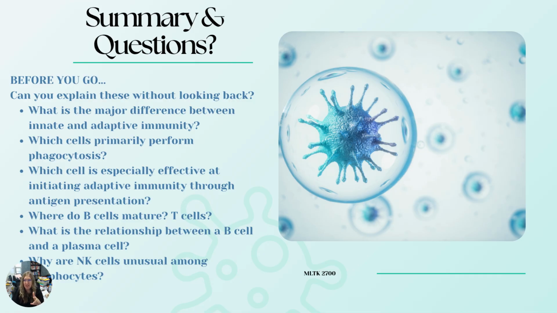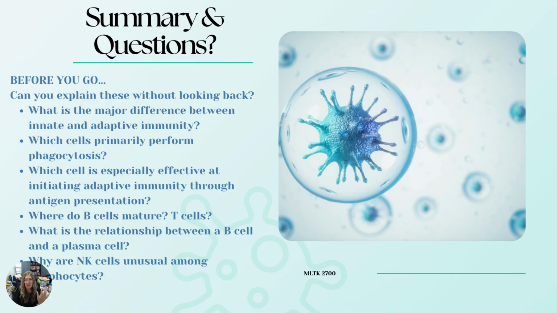Which cell is effective at initiating adaptive immunity through antigen presentation? Where do B cells mature? Where do T cells mature? What's the relationship between a B cell and a plasma cell? And why are natural killer cells unusual among lymphocytes?